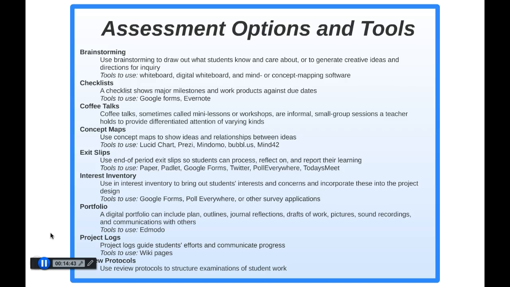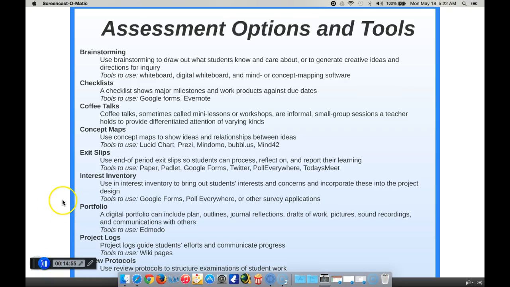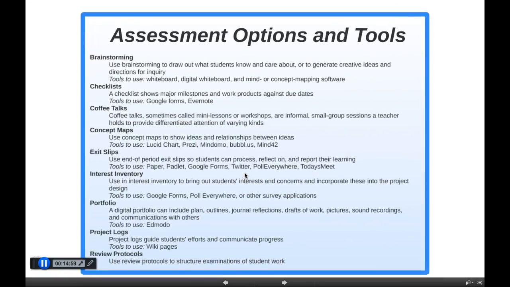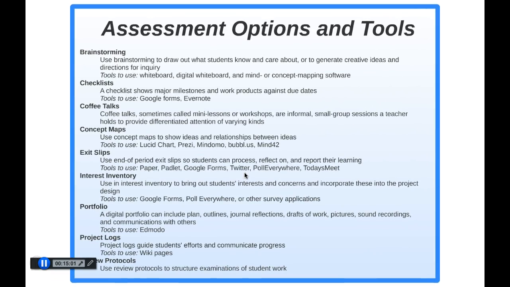Tools to use: Edmodo. Project logs. Project logs guide students' efforts and communicate progress. Tools to use: Wiki pages. Review protocol. Use review protocols to structure examination of students' work.